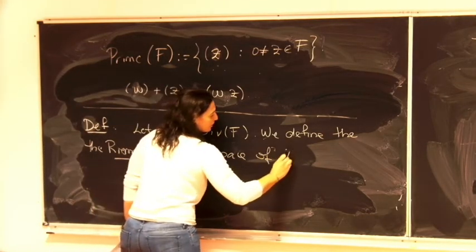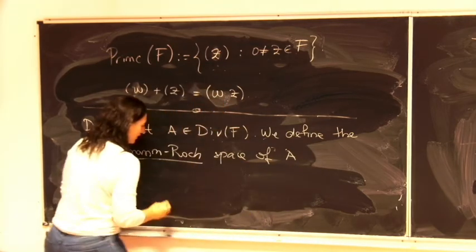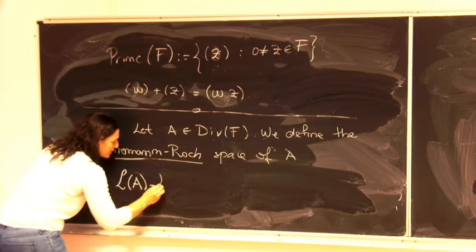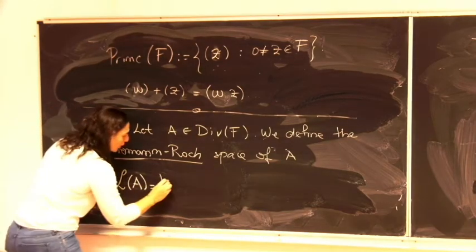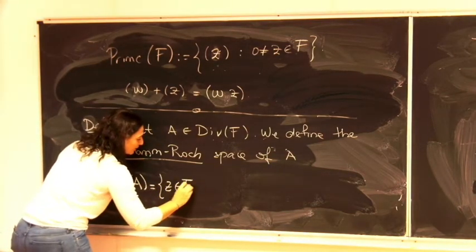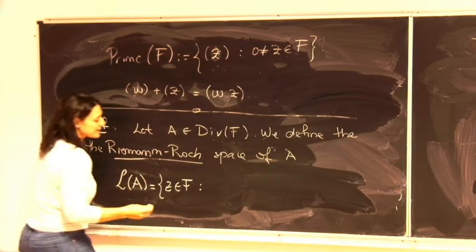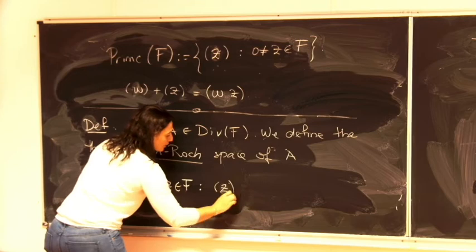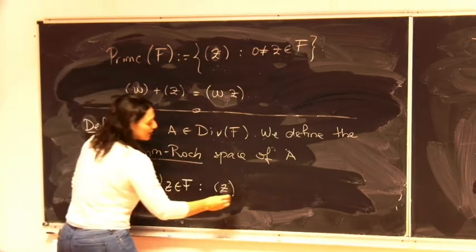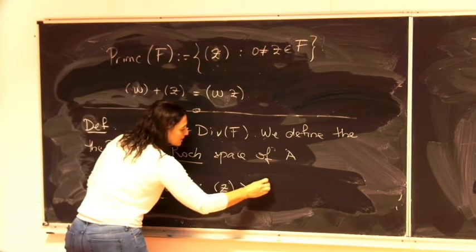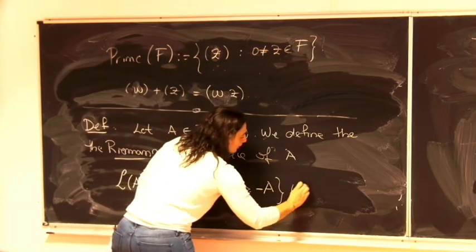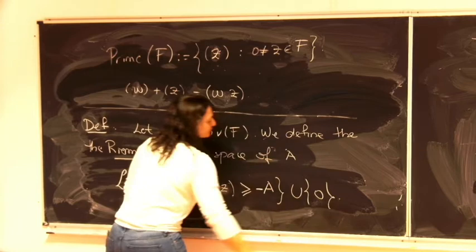as this set L of A, which contains all the elements Z of the function field such that the principal divisor of Z is bigger or equal than minus the divisor A, and the zero element.